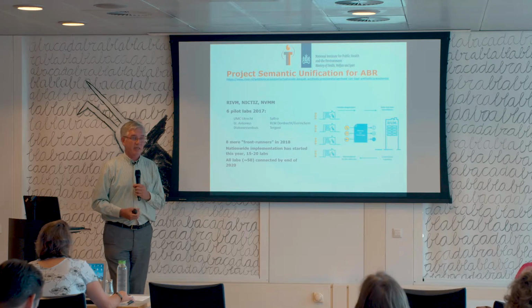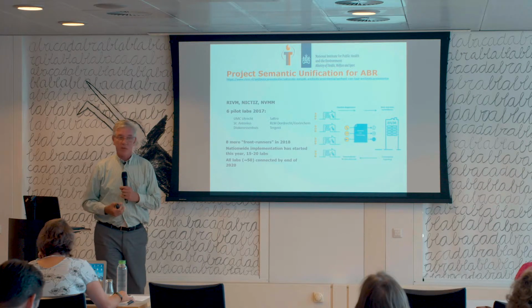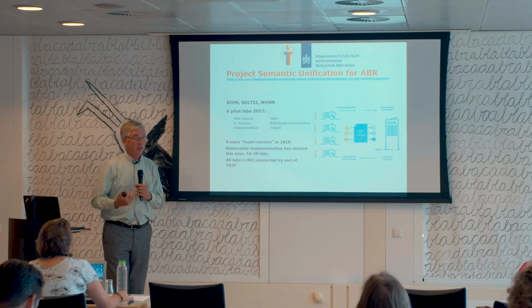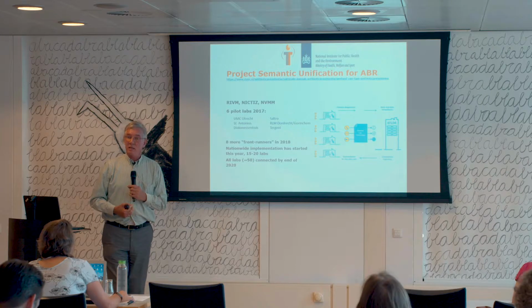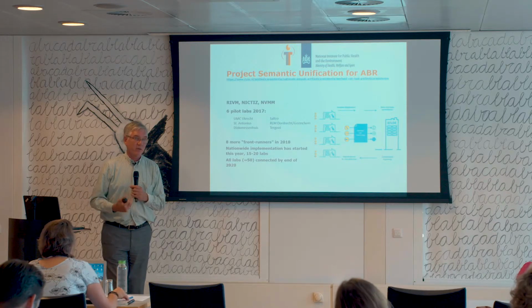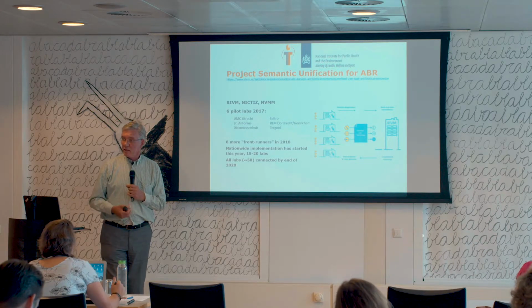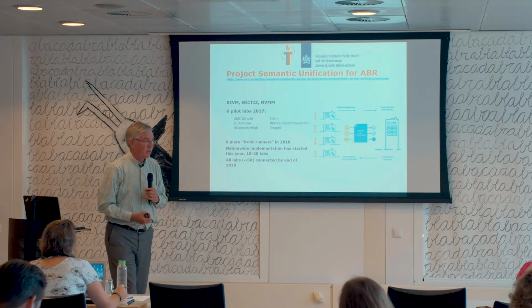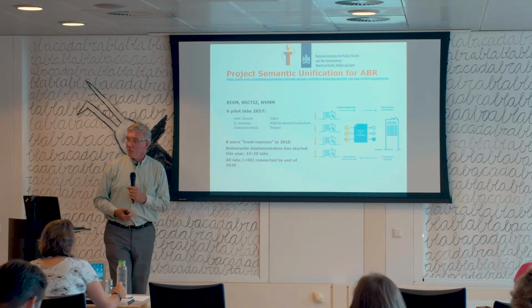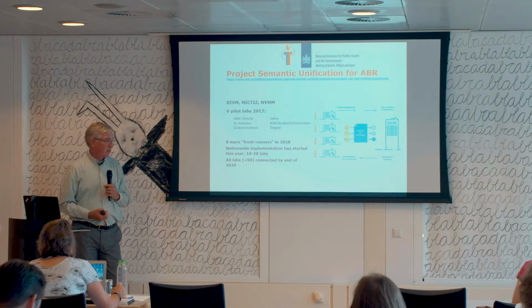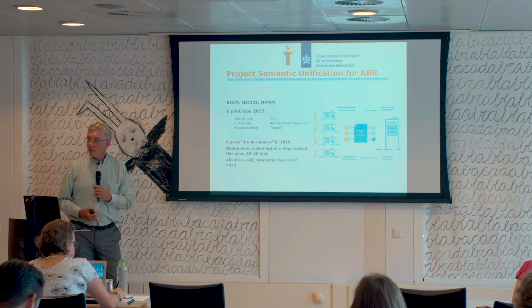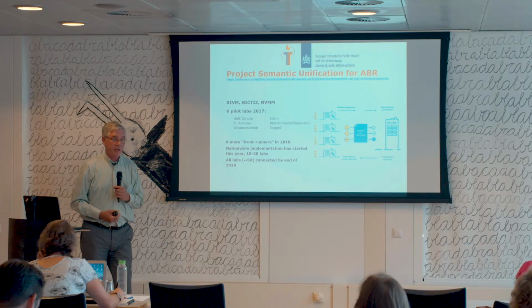So in 2018 we already saw how we want to do this, and then we said, well, we want to have the front runners. So we had 8 more labs that signed up for implementing this, and just last month 15 more labs started with the nationwide implementation, and the rest of the labs will follow next year.